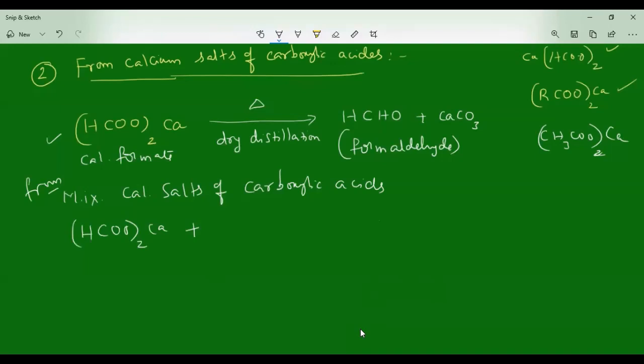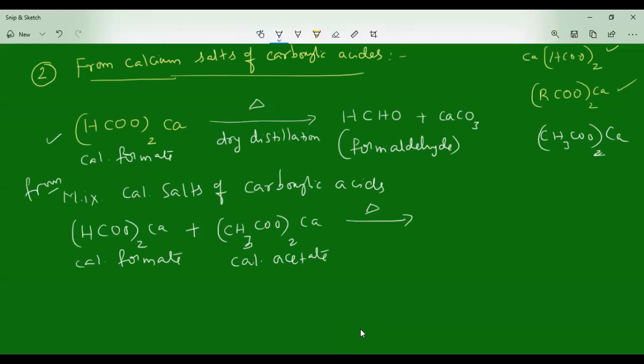The first one I have taken is calcium formate. The second one is calcium acetate, that is (CH3COO)2Ca. So in this mixture, one is calcium formate, another is calcium acetate.